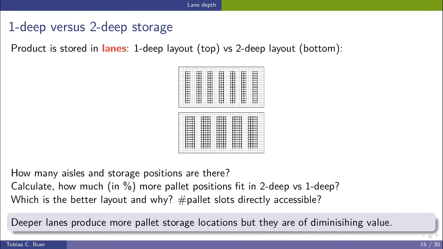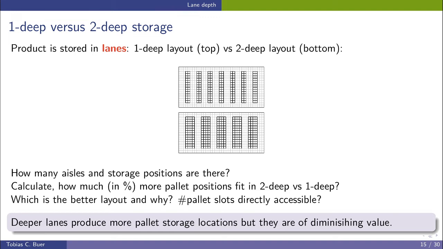The darker black squares are the storage locations for the pallet positions, and the lighter gray areas are the aisle space where the forklift can drive. And in the bottom we have 2 deep lane storage. You also see that the size of both areas are the same, but the number of storage slots varies.